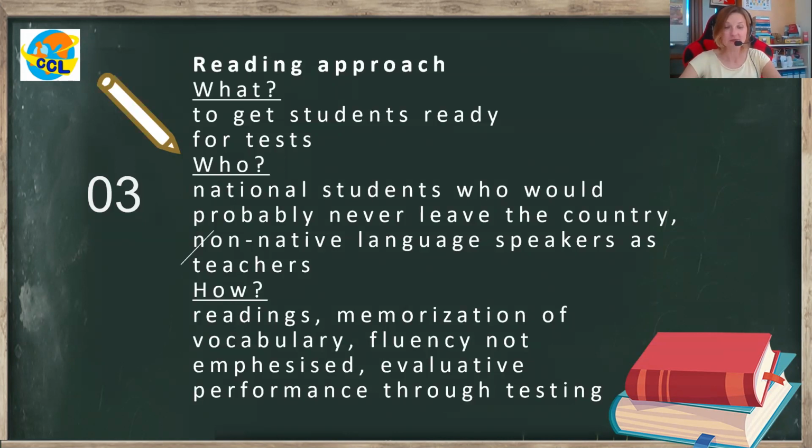The content of the reading approach was obviously about reading to get students ready for tests. Grammatical items from readings, vocabulary words from those readings, readings that are leveled to the learner's knowledge. Everybody knows the famous readers, right? That are leveled to different levels of a student. So that would be the example of the reading approach.